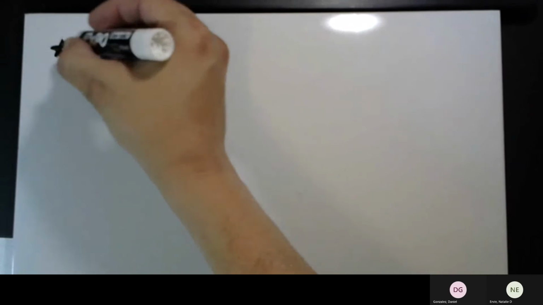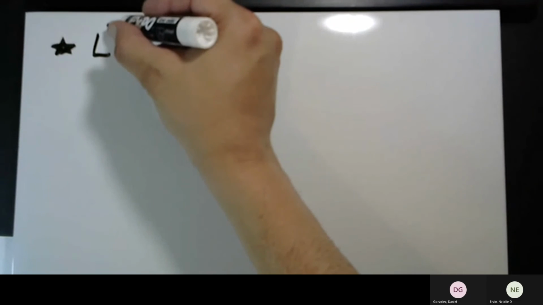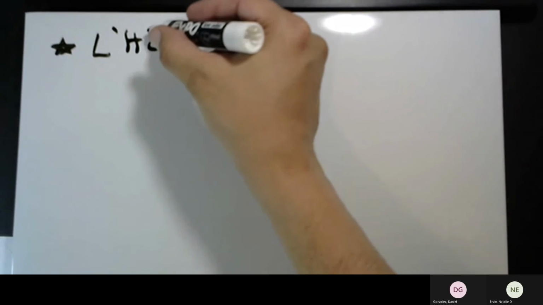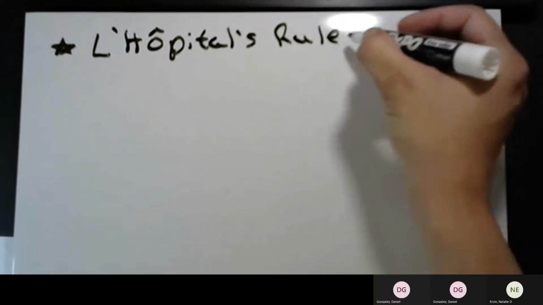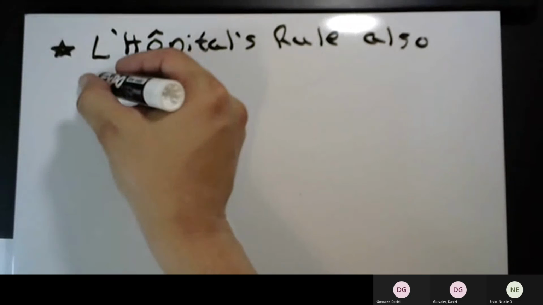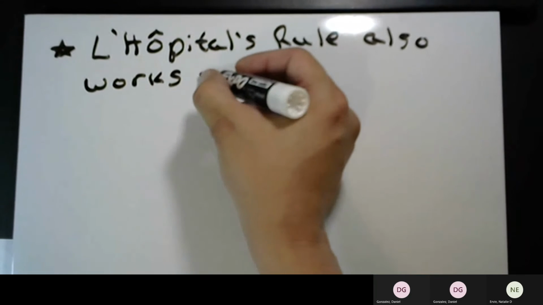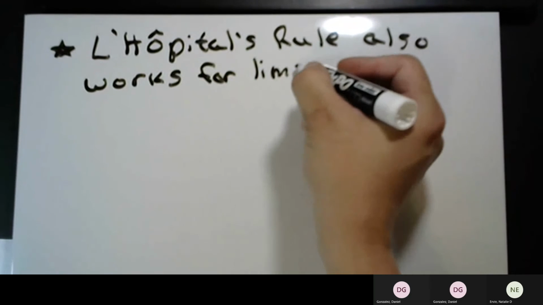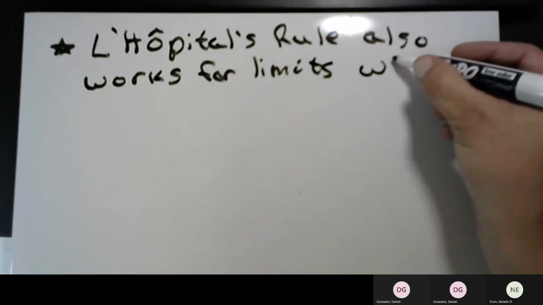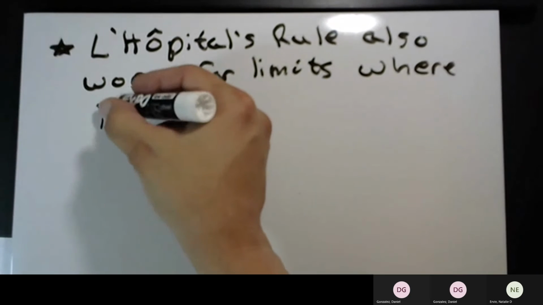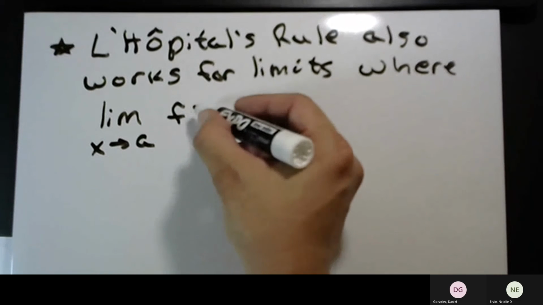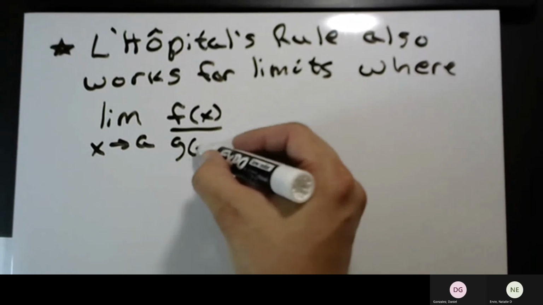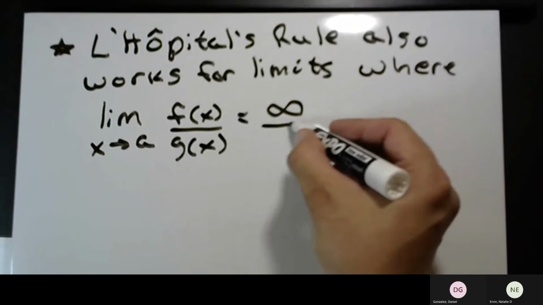But it also works for limits where the limit as x goes to a of f of x over g of x is infinity over infinity.